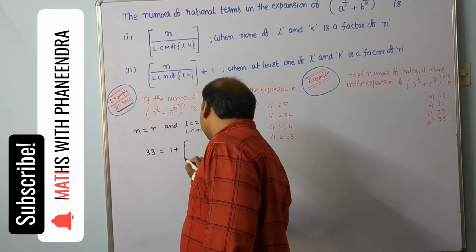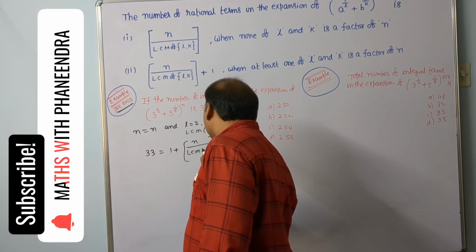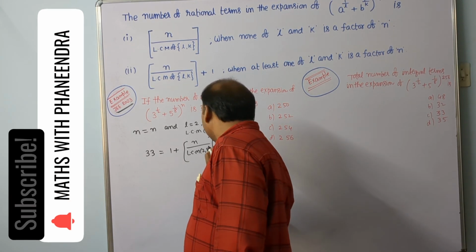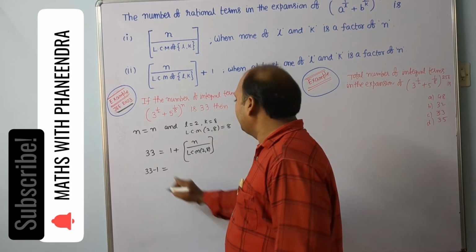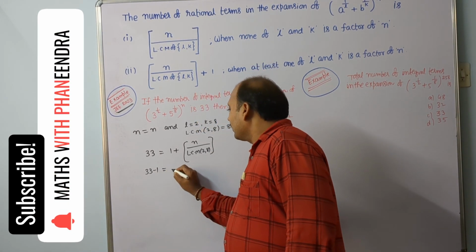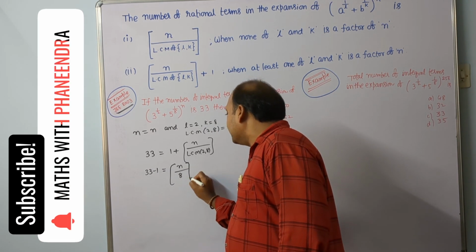So the number of terms is equal to 33, given. 1 plus step of n divided by LCM of 2, 8. 33 minus 1 equals step of n divided by LCM, which is 8.